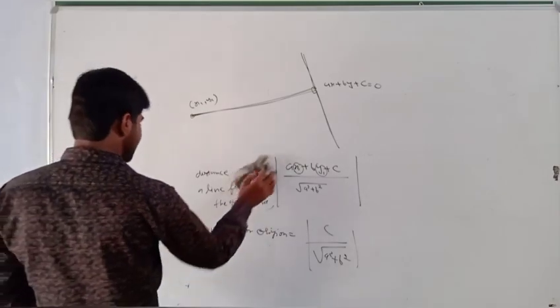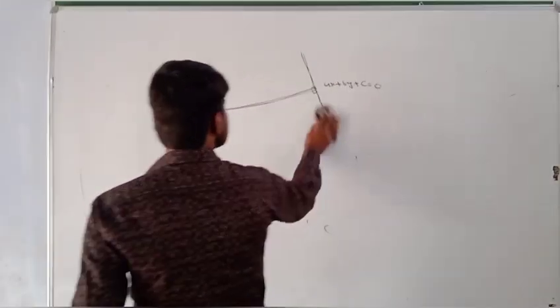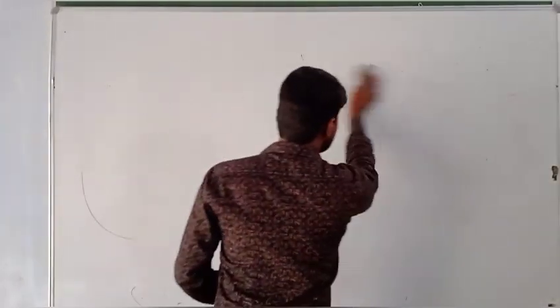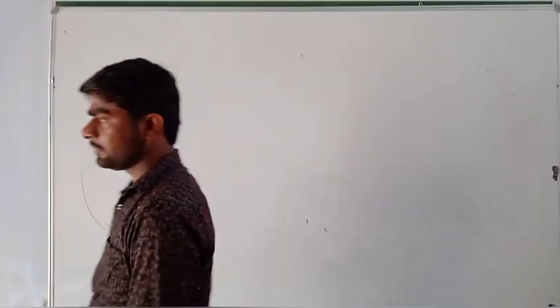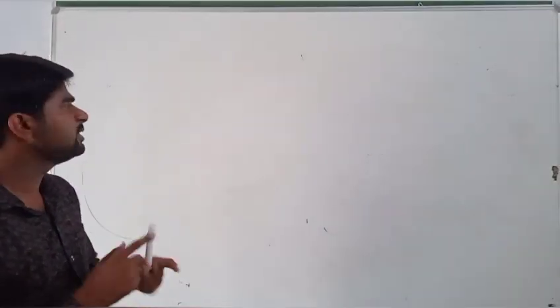That is distance between two lines. To find the distance between two lines, if two lines are parallel, then there will be a distance. If they are not parallel, their distance will be 0.